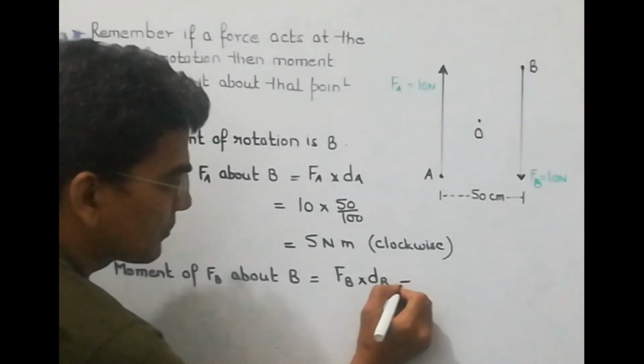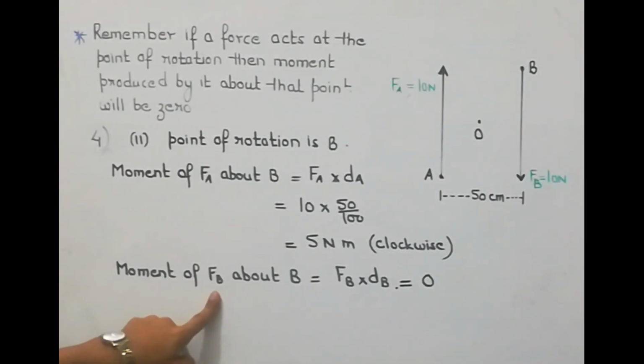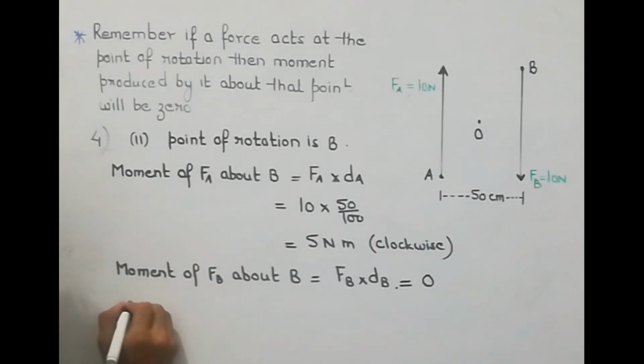So straight away, the moment produced by Fb will be 0 in this case. So what will be the resultant?